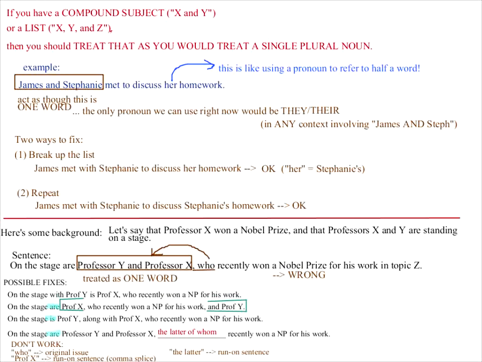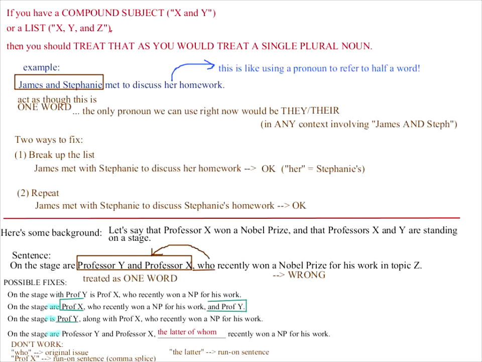So there you go. On the other hand, what is the subject here? Should this be are, or is this okay with is? What is the subject of this sentence in the text box? What's the subject? A couple of you are typing, yeah, the subject of this sentence is just Professor Y. Because along with doesn't do this.